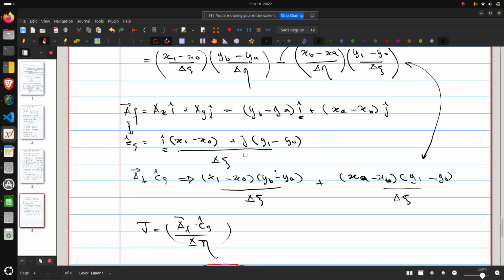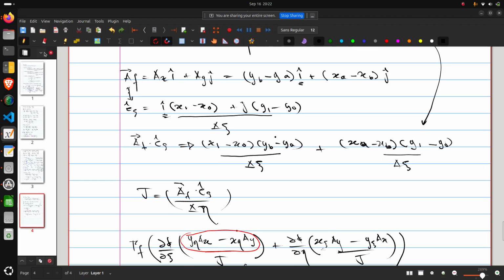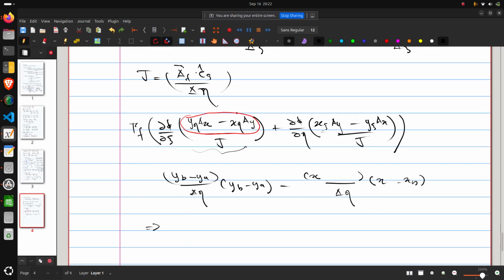Let me check where. And this will be xb minus xa. Then we will again take the negative sign inside, so it will be yb minus ya whole square by delta eta plus xb minus xa whole square, or okay, this is xa minus xb by delta eta.